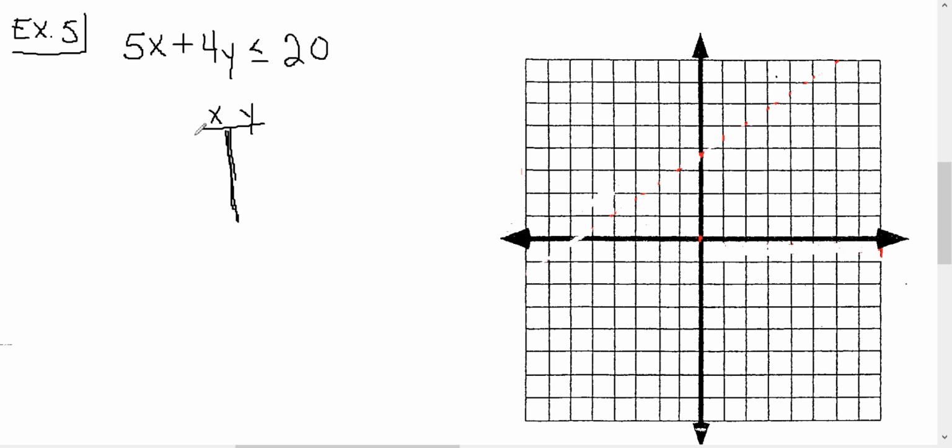So let's see. When x is 0, y is going to be 5. When y is 0, x is going to be 4. When I plot it, 0, 5, 1, 2, 3, 4, 5, and 4, 0 are here.